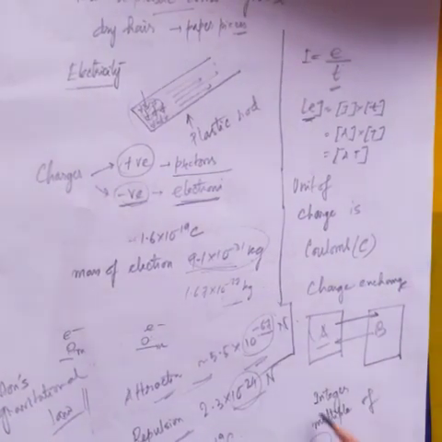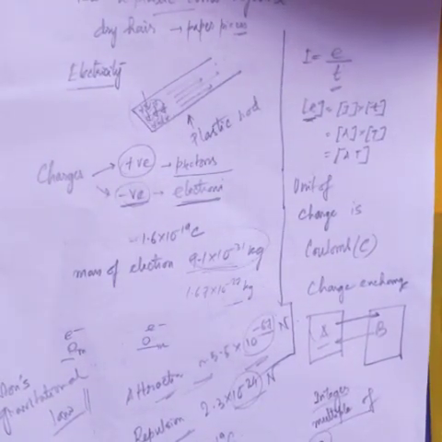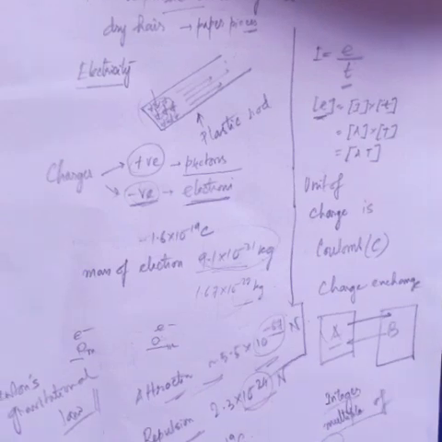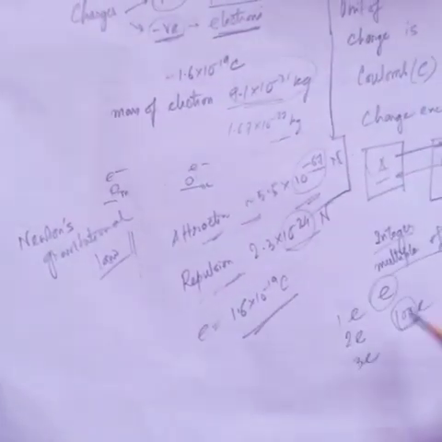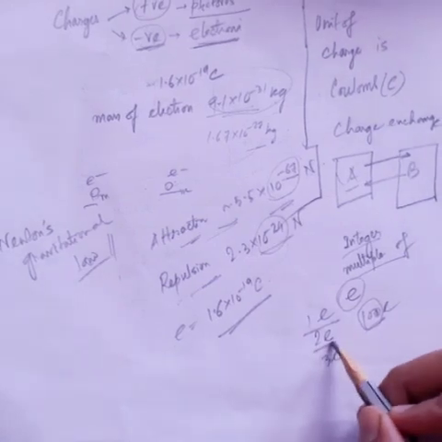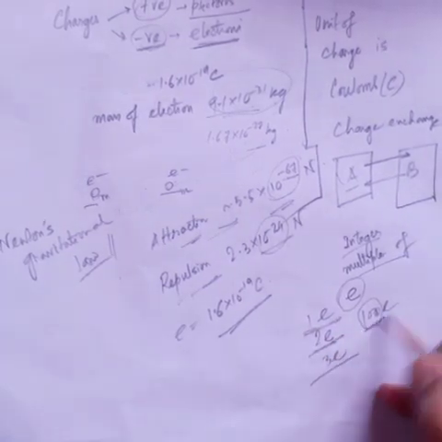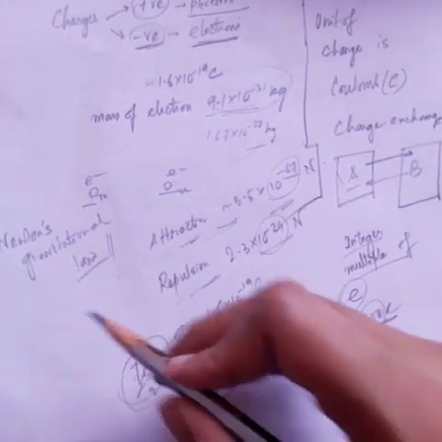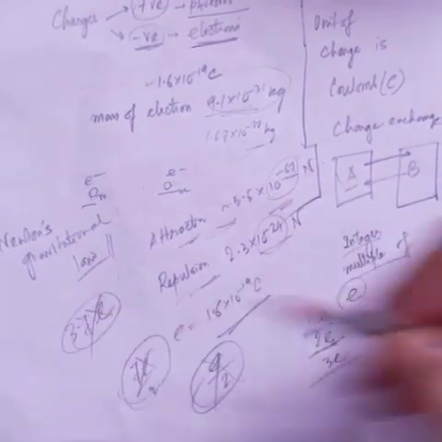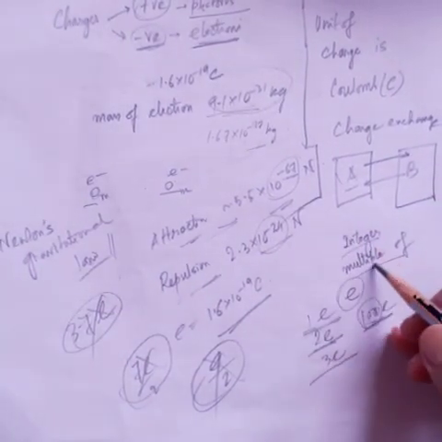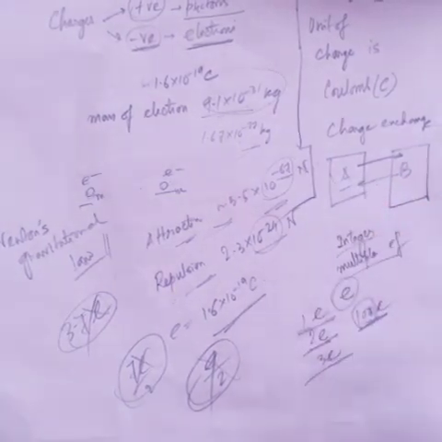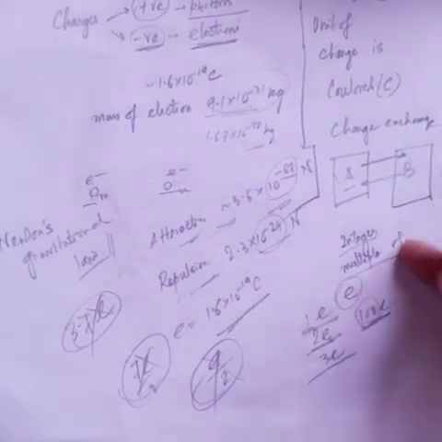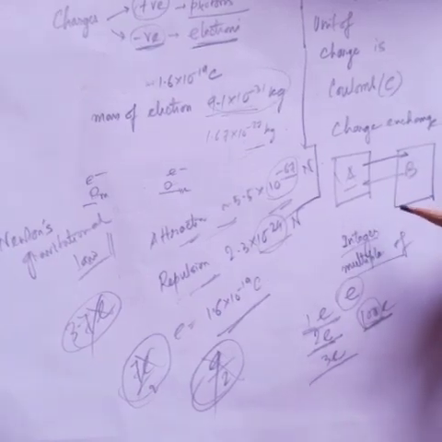Integer multiple means it can be 2e, 3e, 1e, 100e, whatever, but it has to be a whole integer multiple, not fractions like half. It can never be e by 2, never 7e by 2, never 3.7e. It is never possible. Always whole number multiples of e. Whenever there is some electron exchange, there will be some charge exchange, and it has to be a whole integer multiple of e, not any fractional multiple. Always remember that. This concept is called charge quantization.